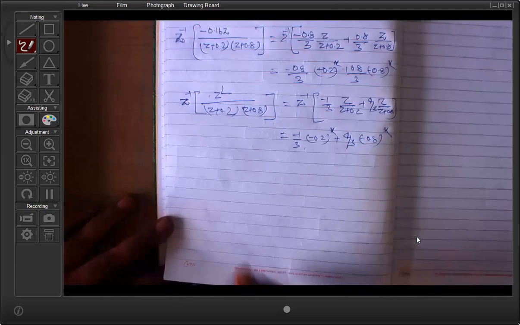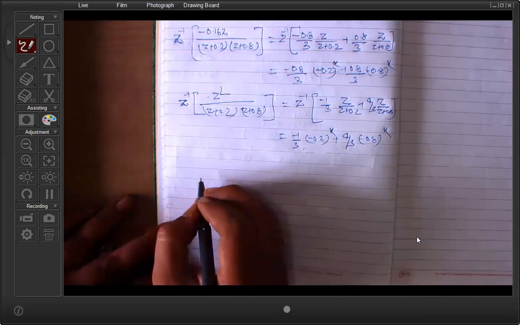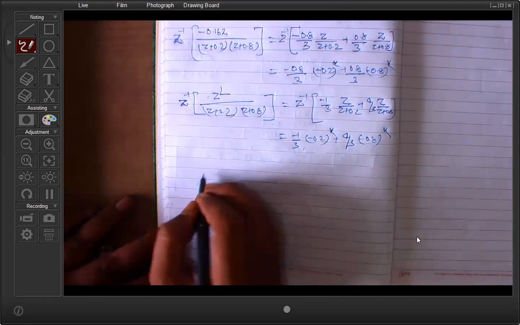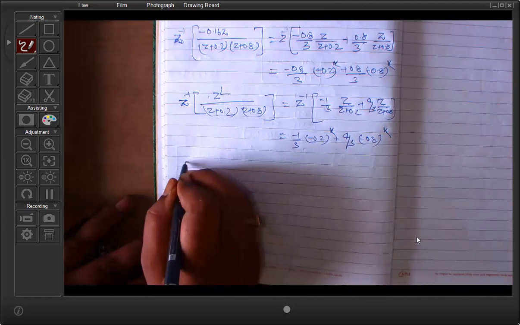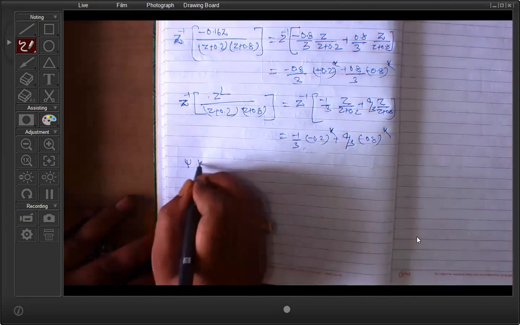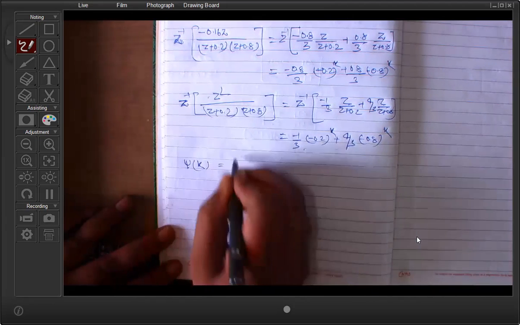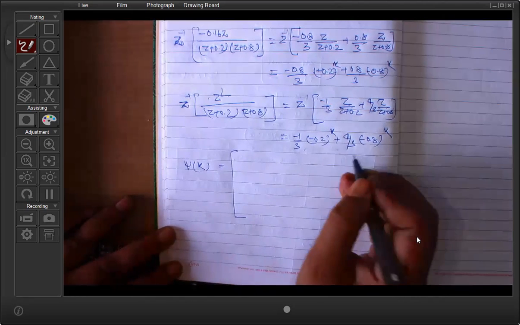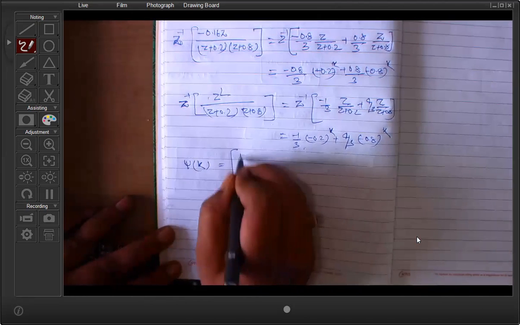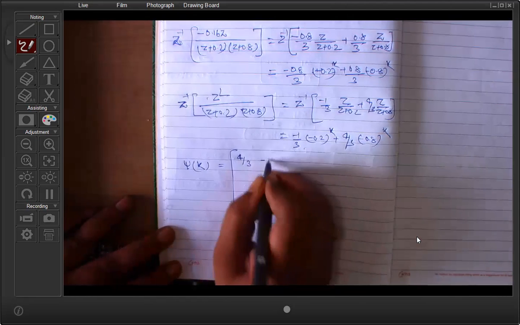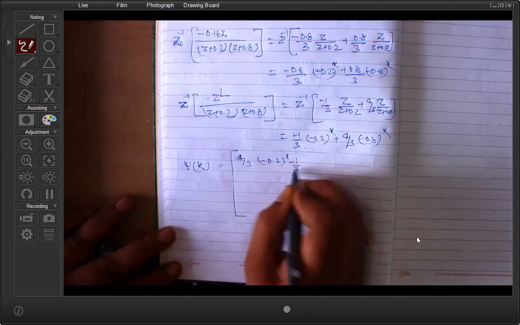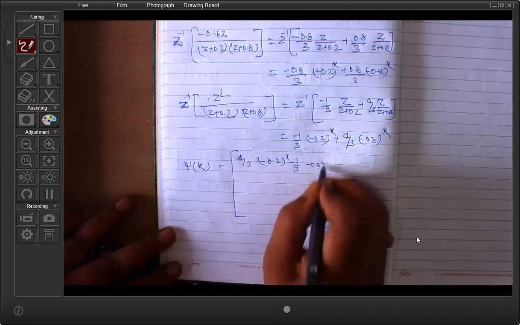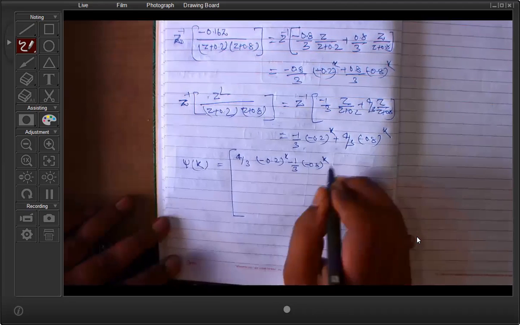Okay, so that means in this problem the state transition matrix becomes: first term 4 by 3 (minus 0.2) to the power k minus 1 by 3 (minus 0.8) to the power k.